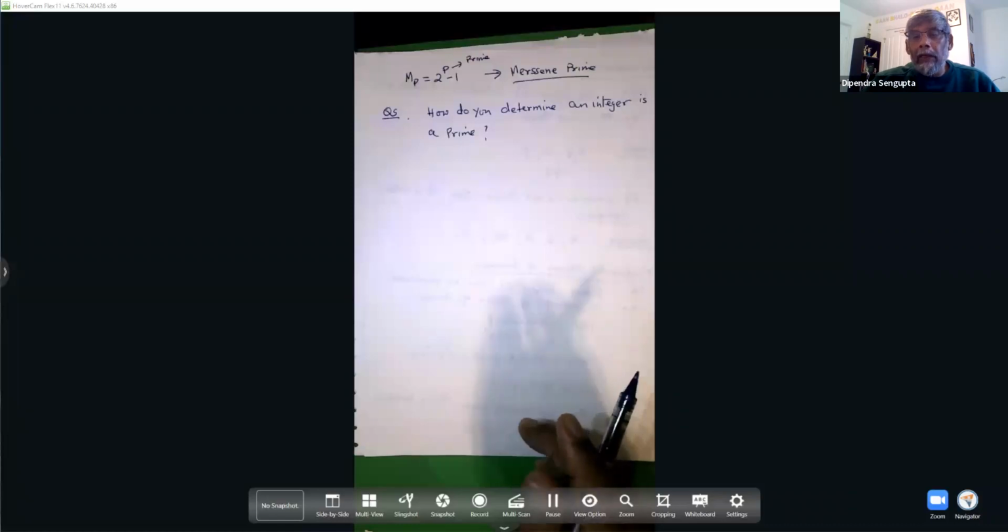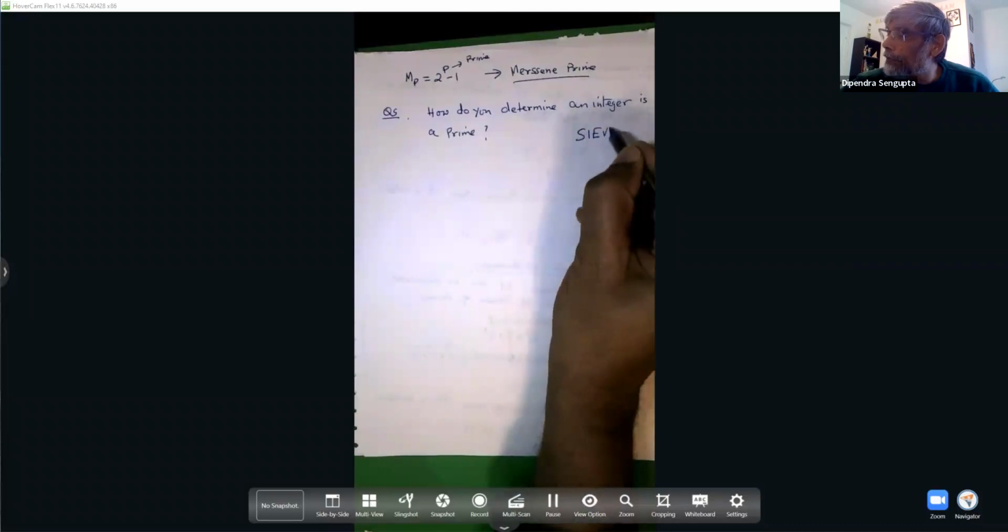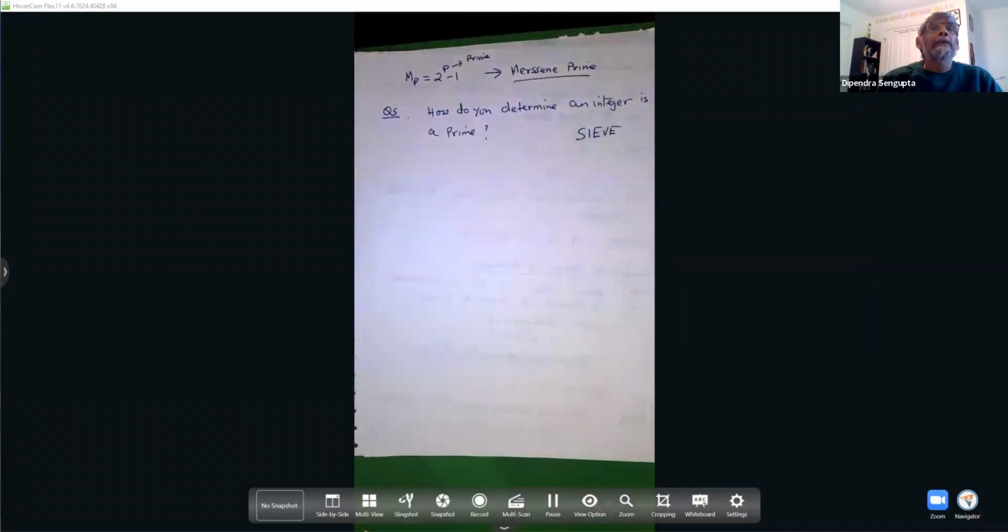Again, I talked about historically there are a lot of ways, and what they did is called a sieve. So using some sieve to determine whether a number is a prime or not.